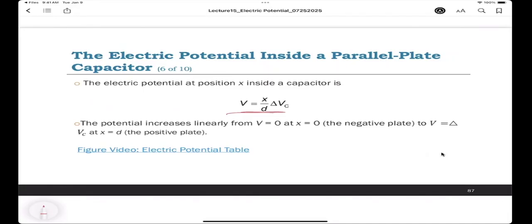Because all the voltage from the negative to positive is delta VC, and the distance is D, and this is at the position X. What's the electrical potential that makes sense to you?